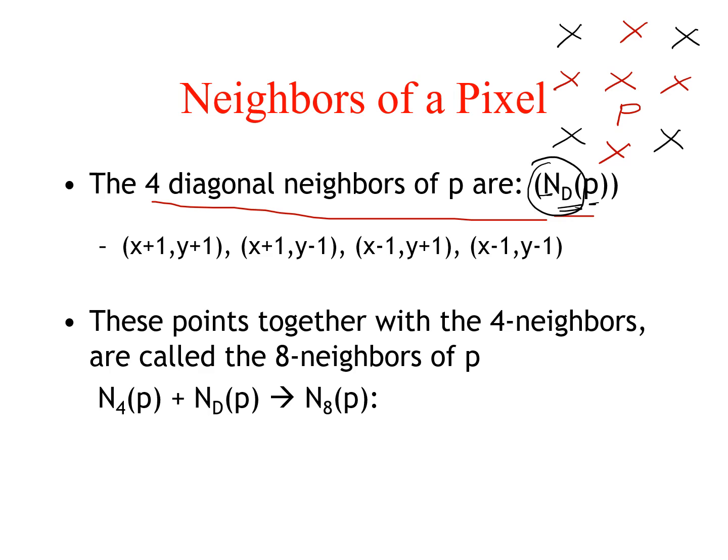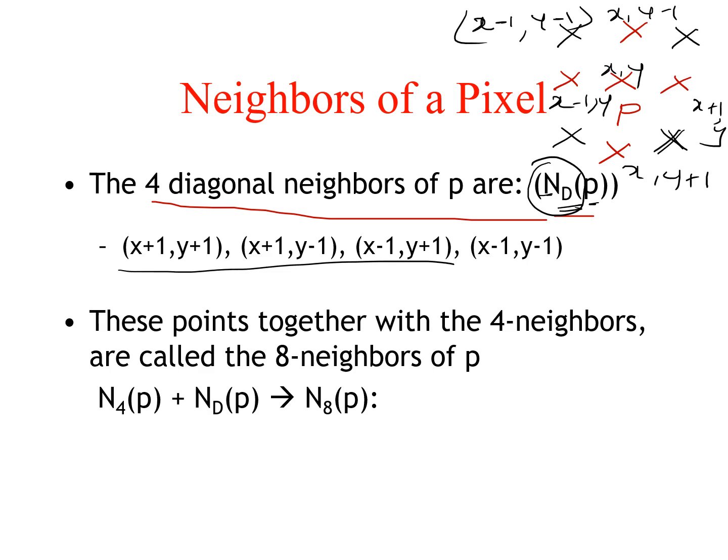This is x comma y. So this is x comma y minus 1, this is x comma y plus 1, this is x minus 1, y, and this is x plus 1, y. So this will be x minus 1, y minus 1. Similarly, this will be x plus 1, y plus 1, and so on.